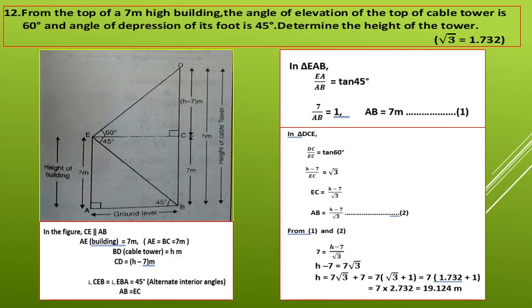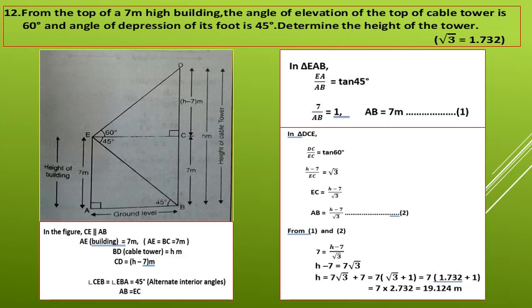So EA by AB is equal to tan 45 degree. Our EA is 7 meter divided by AB is equal to tan 45 value is 1. So 7 by AB is equal to 1. Therefore, AB is equal to 7 meter. That is equation number 1.